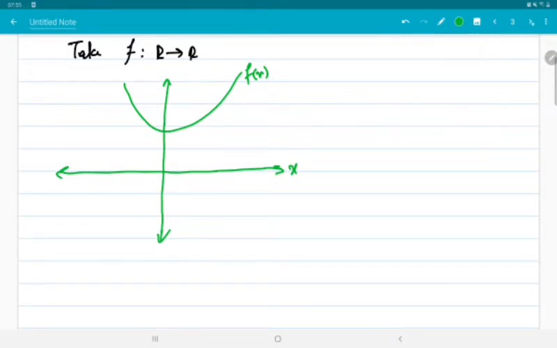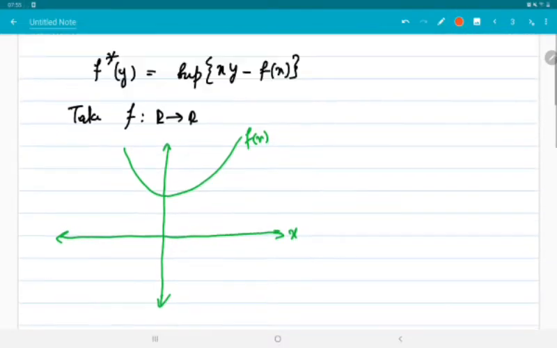So xy is a line which is passing through the origin.